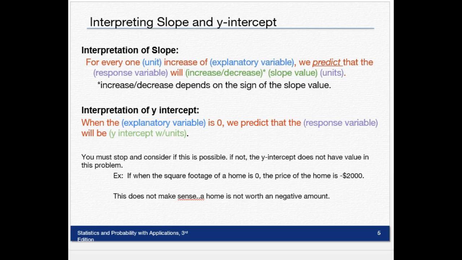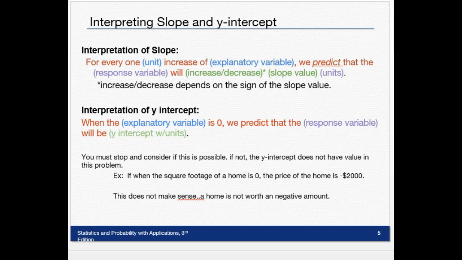Okay, now that's very technical, and I'll give you several examples of this, but the red words are the words you're going to use every time. You're going to use different words, obviously, for explanatory variable and units for explanatory variable, and same with the response variable. That's going to depend on the problem. And the increase and decrease of slope, that is all dependent on the value of the slope.